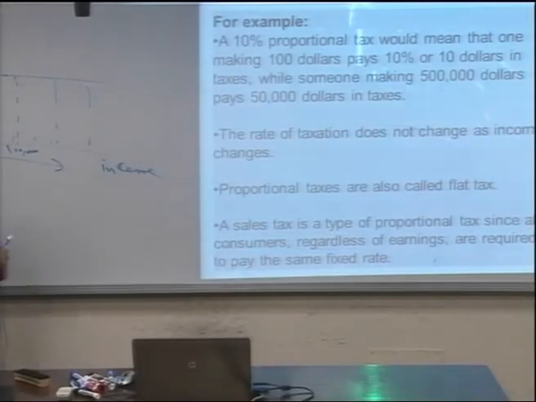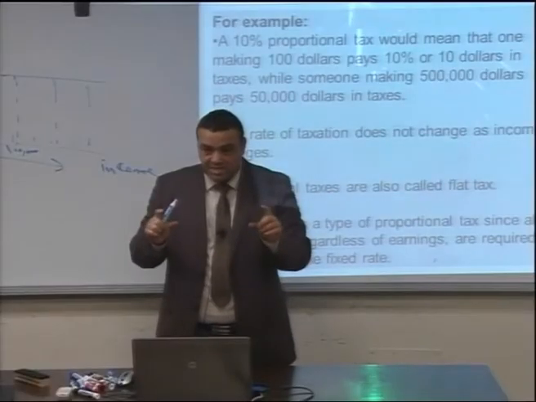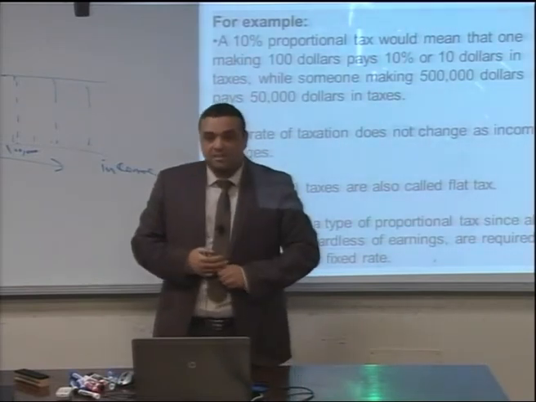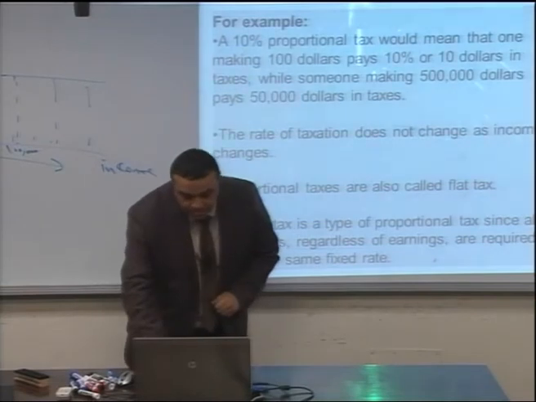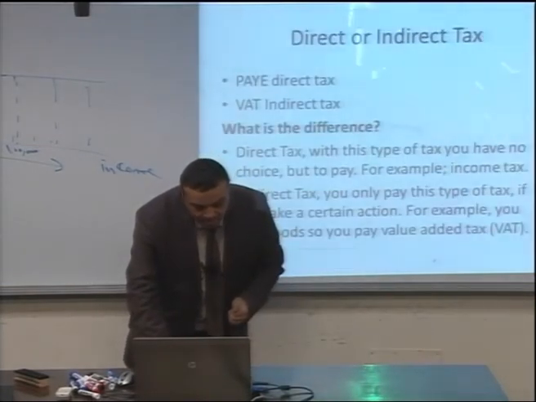Here, the sales tax is a type of proportional tax, since all the consumers, regardless of earning, are required to pay the same fixed rates. For the sales taxes, regardless of their income, they have to pay the same tax rates. Okay? Here the same example.